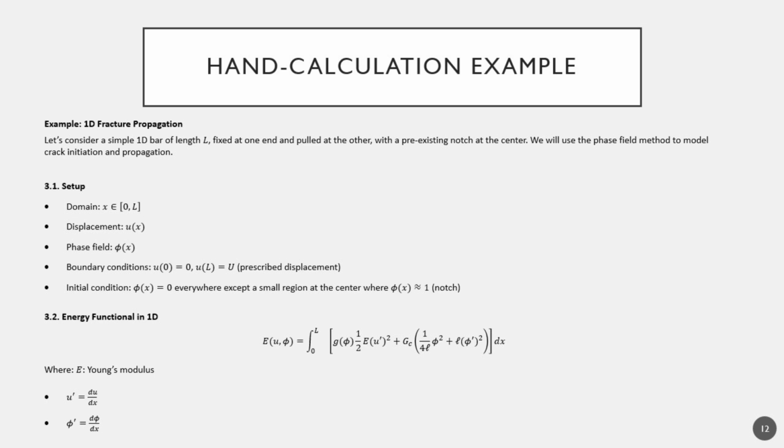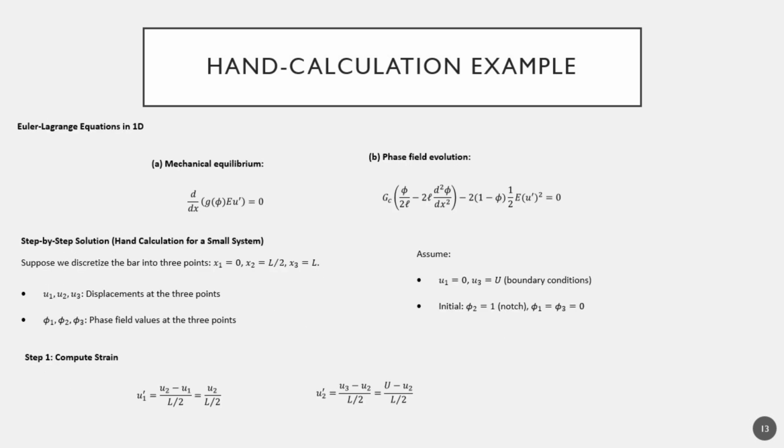and it almost becomes 1 at the end, because we are trying to take the material to its failure. We can then use the energy equation from the previous slide, equation 1, and define certain parameters. We are going to define here the first derivative of displacement and the first derivative of phase itself. And once we have both the mechanical and phase field evolution equations in hand, we can start to solve our equation.